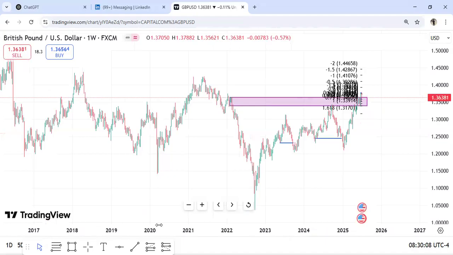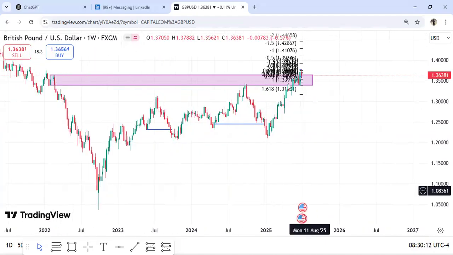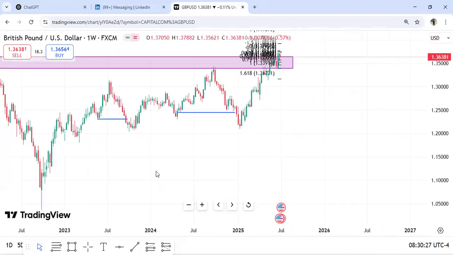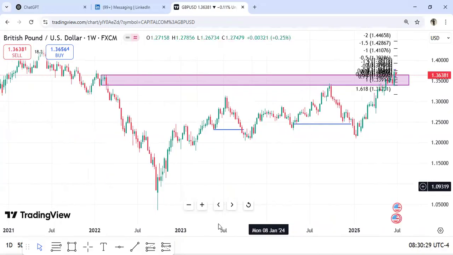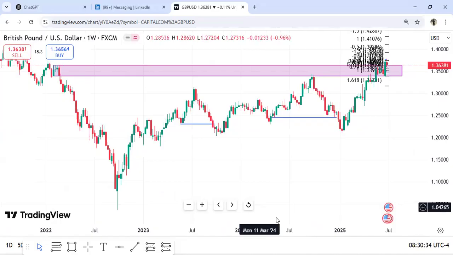Because if price should go below it, we could also be respecting that price is going to drop further, testing all these levels we see here. That is just a short analysis, and I hope you understand why I called the trade I took on Thursday.